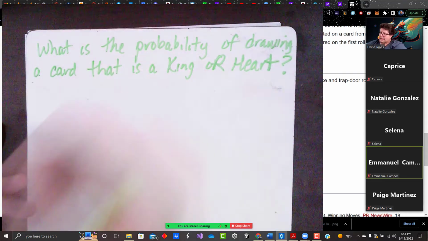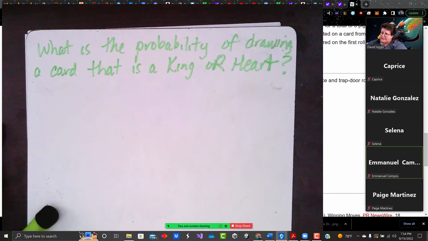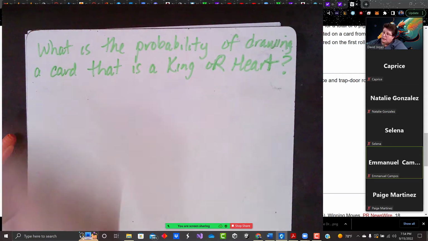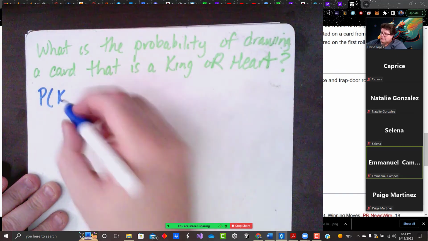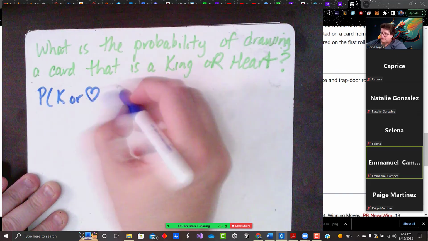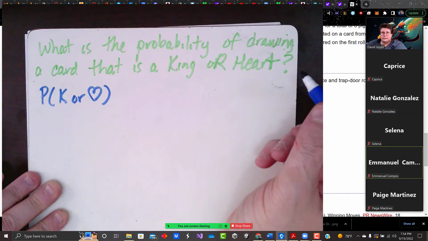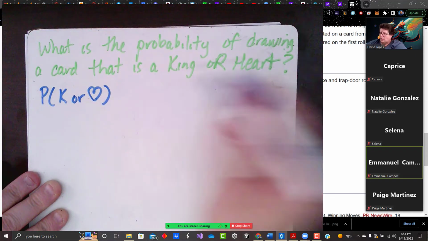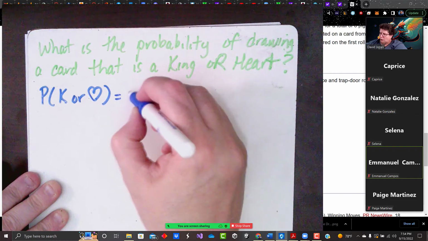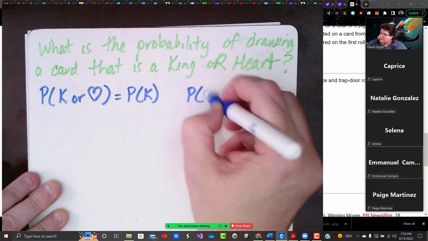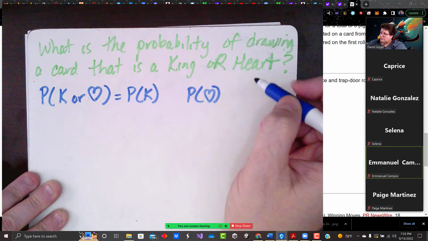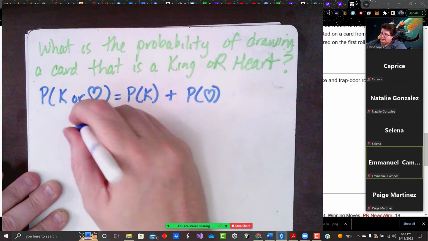So what this is asking, in terms of that fancy way we were writing it, is the probability that we get a king or a heart. When we have the or, we write them as separate things and put a plus between it.